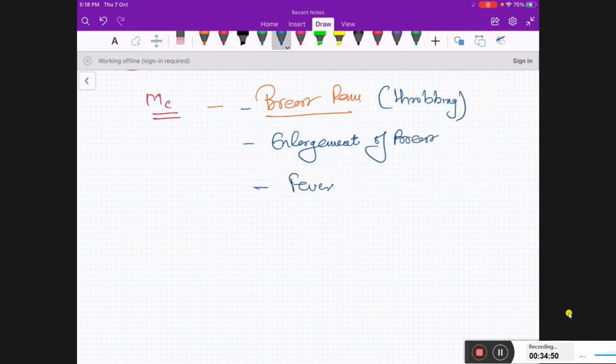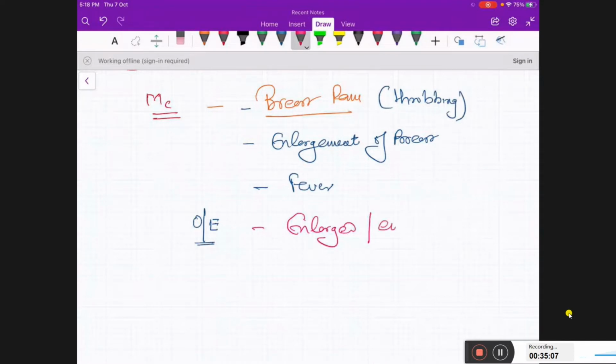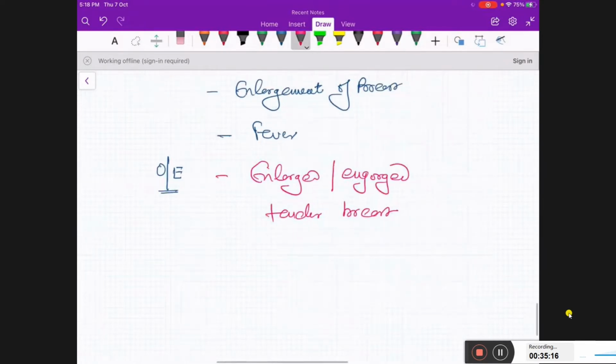On examination of these patients, you may find an enlarged, engorged, tender breast.